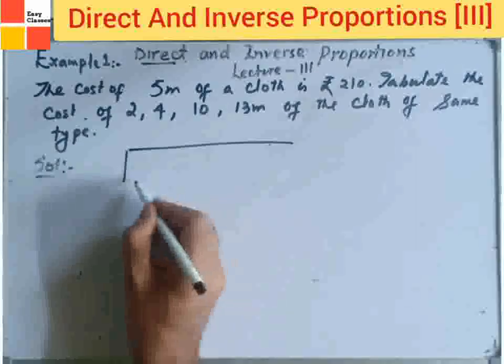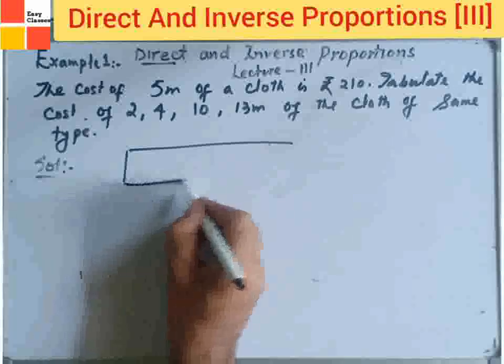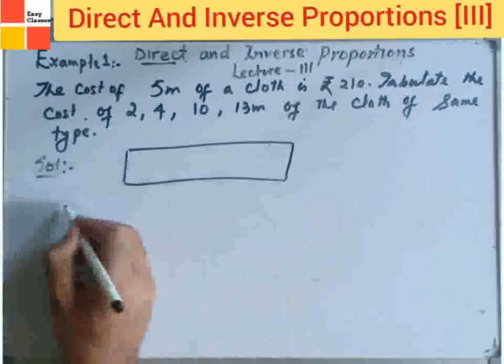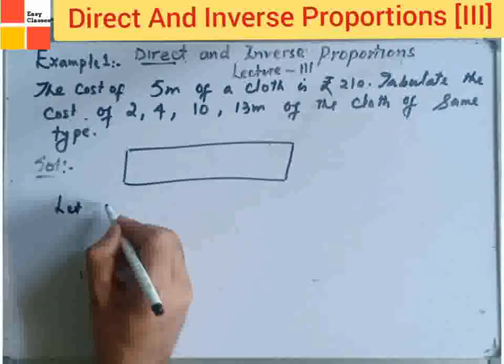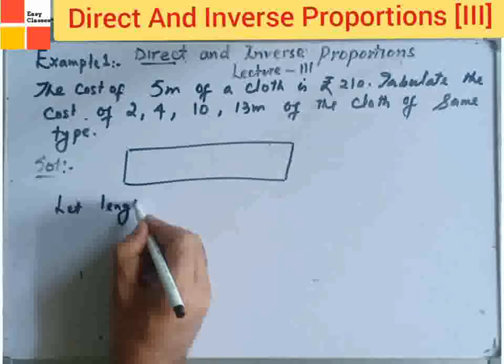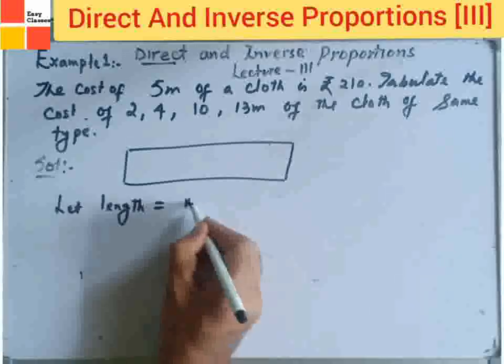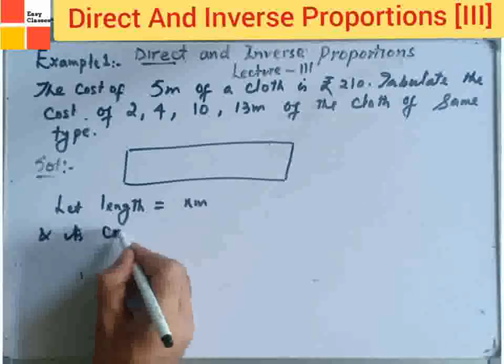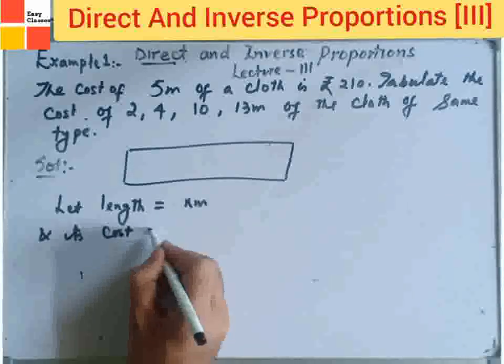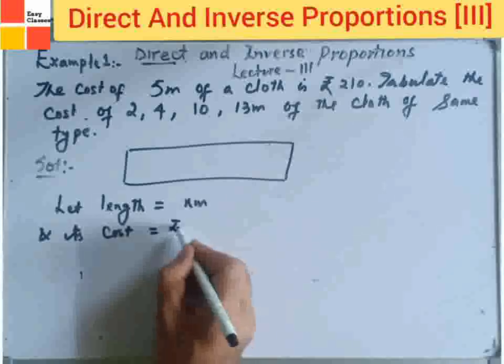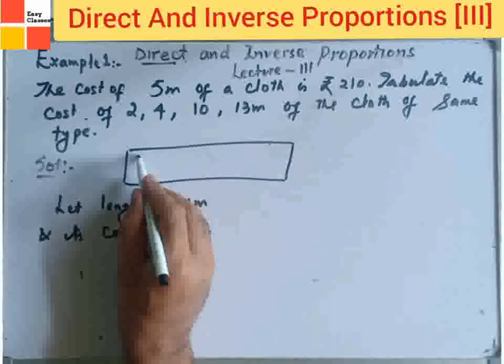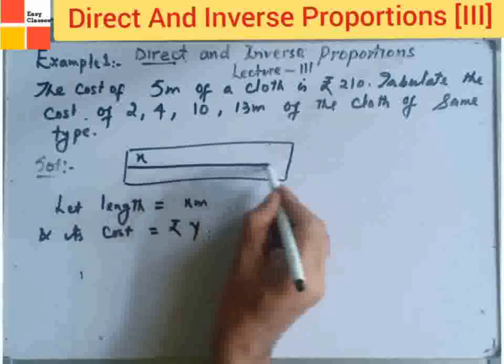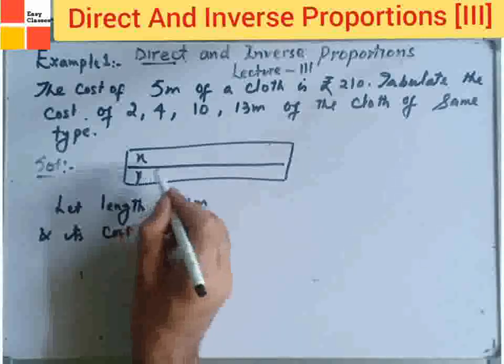Say for example, let the length of cloth be x meters and its cost in rupees be rupees y, right? So x, y.